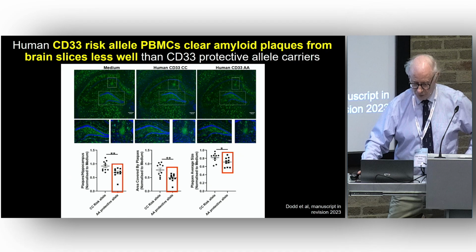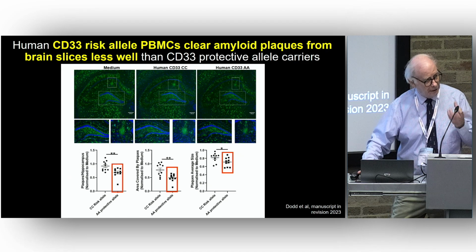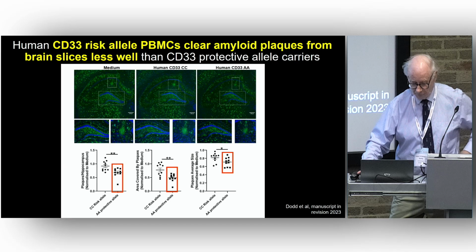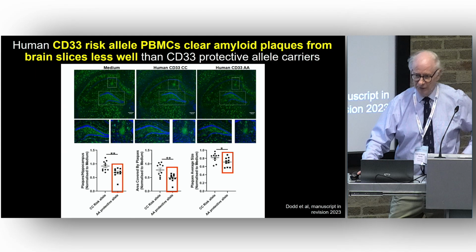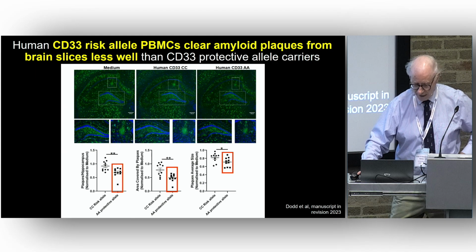And what we were able to show was that in peripheral blood mononuclear cells from individuals who had the protective AA allele, who were therefore expressing predominantly little m CD33, you could see a significant reduction in the amyloid plaque burden measured by various different methods.